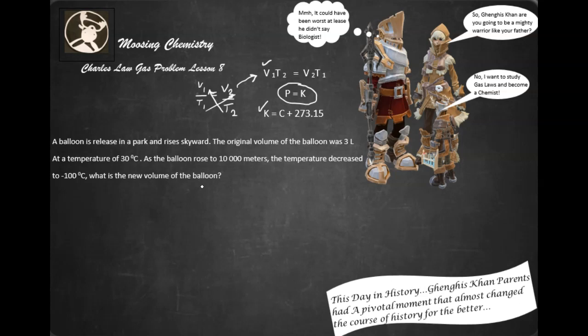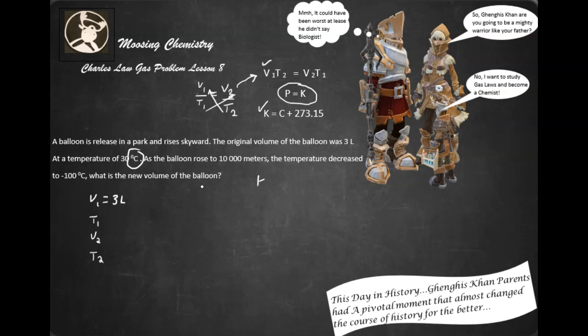All right, so the first thing we want to do is write down V1, T1, V2, T2. This is an easy way to keep everything organized. Makes doing the problem a whole lot easier, trust me. So the first volume is 3 liters. But we know we can't use Celsius here, right? So we want to turn 30 Celsius into Kelvin.